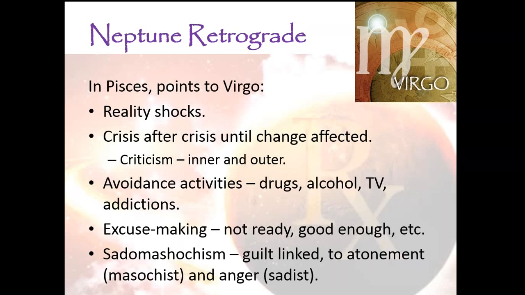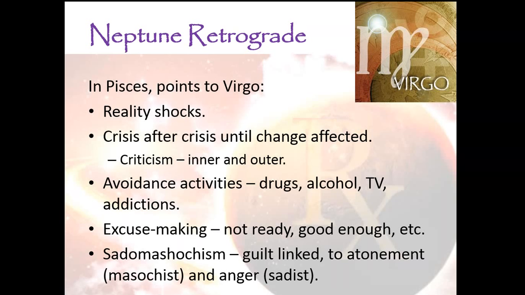So with that Virgo polarity, we become acutely aware of criticism. It's a Virgo word. Virgo, Pisces is the potential for perfection. Virgo is the lack of perfection and the acute awareness of the lack of perfection. And so criticism and crises are Virgo words.